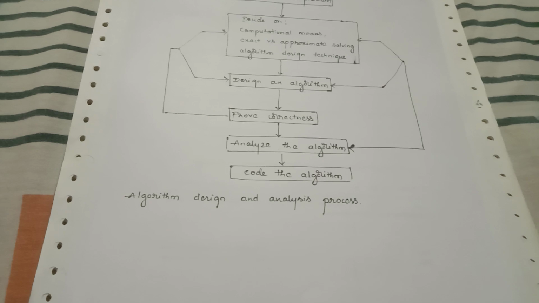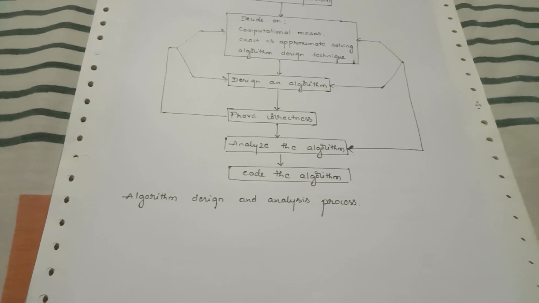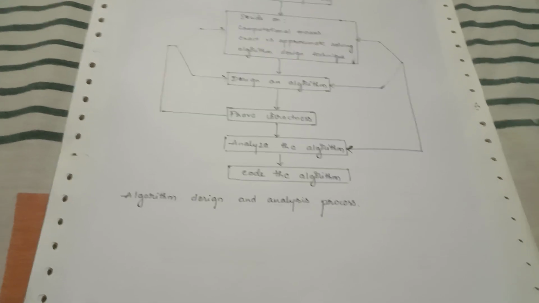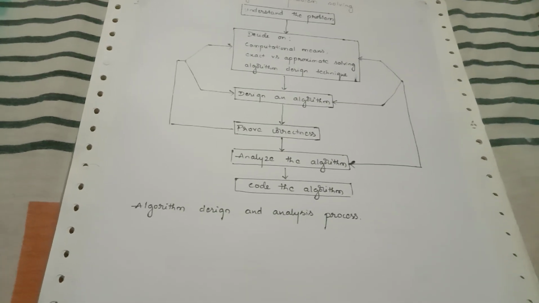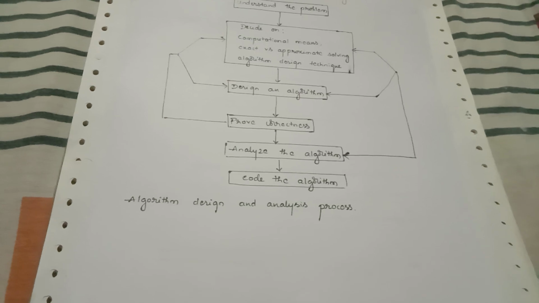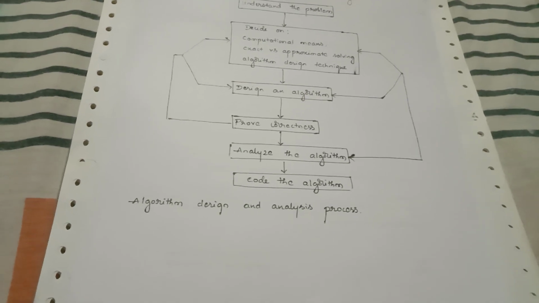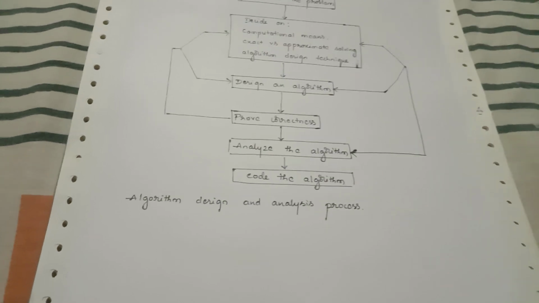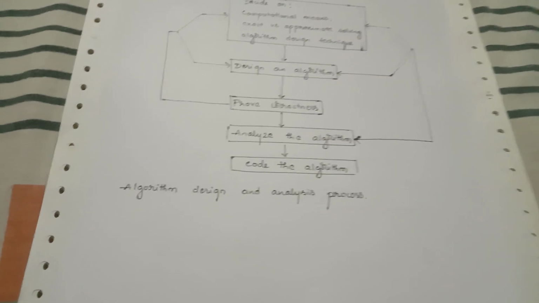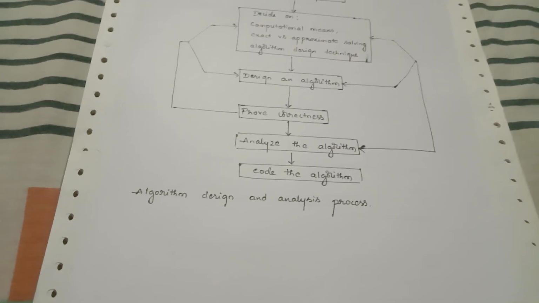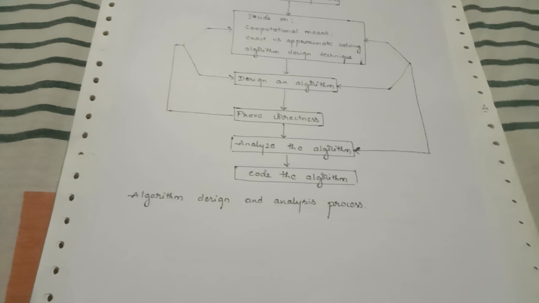For example, we can make use of the English language to represent our algorithm. As you saw in the last concept, when we explained what an algorithm is, Euclid's algorithm was completely written in the English language, and that is also an algorithm. So using any natural language you can write or represent your algorithm.